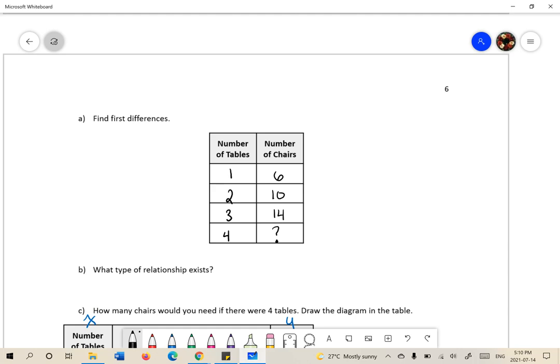Well, let's find first differences. So first I'm going to just make sure that my X values are increasing at a constant rate, that they're evenly spaced, and they are. So then I'm going to find the first differences of my Y values.